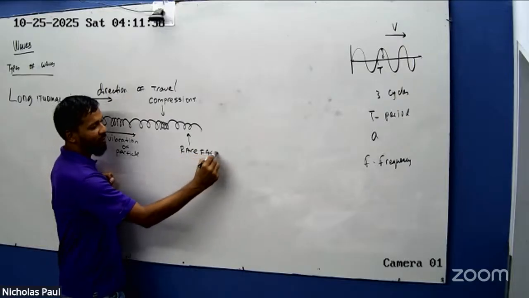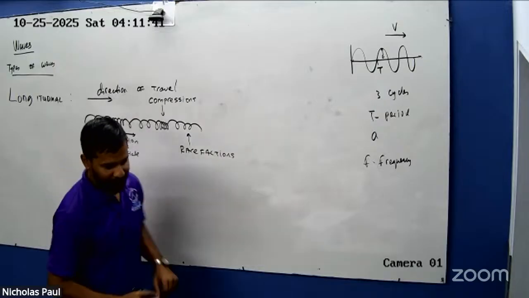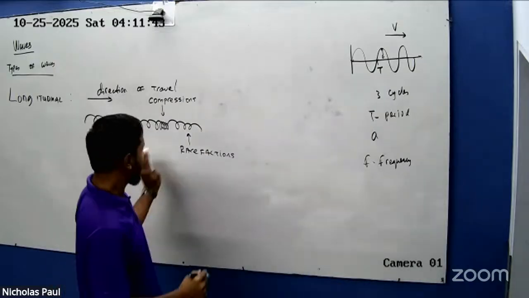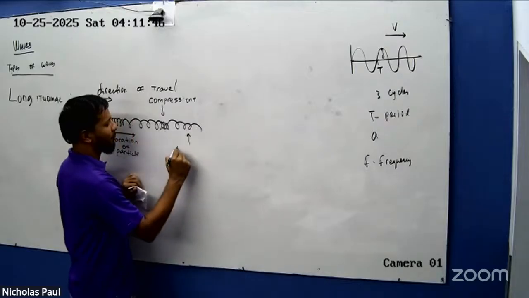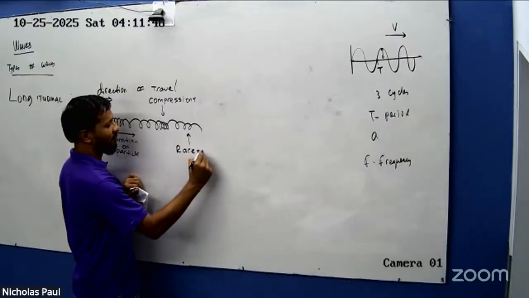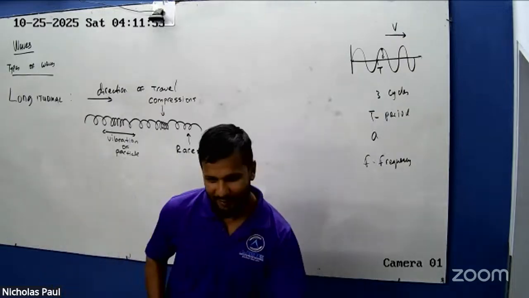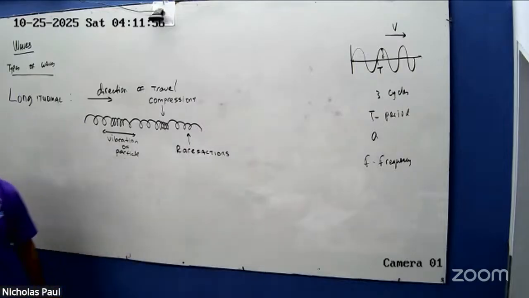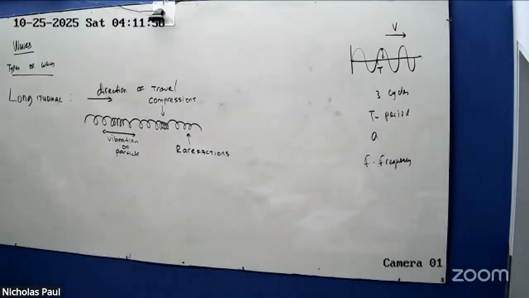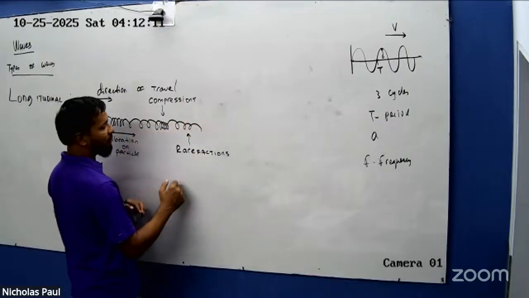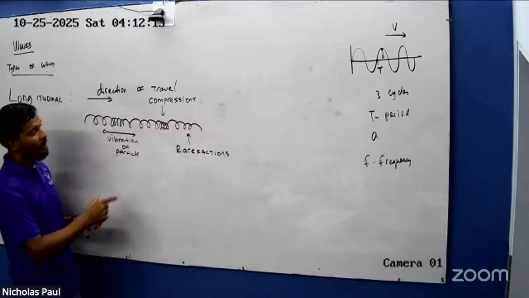It's rarefaction. The ones where they are far apart are rarefactions, and where they're close together, we call them compressions.